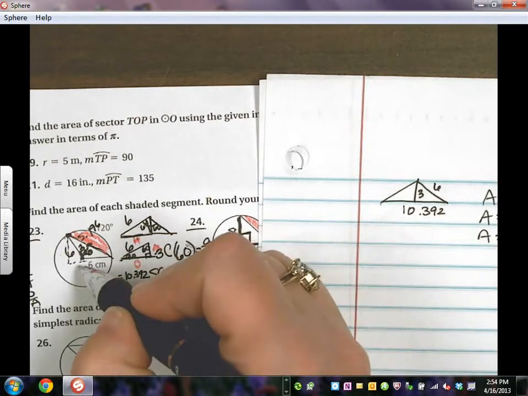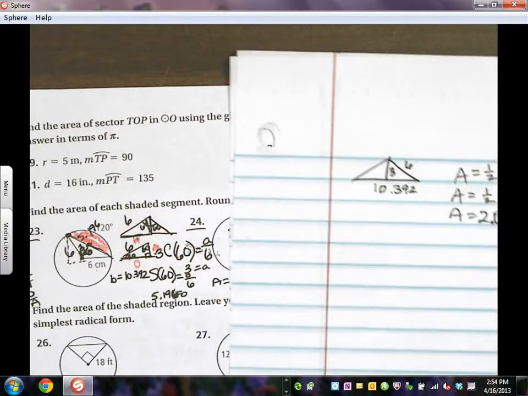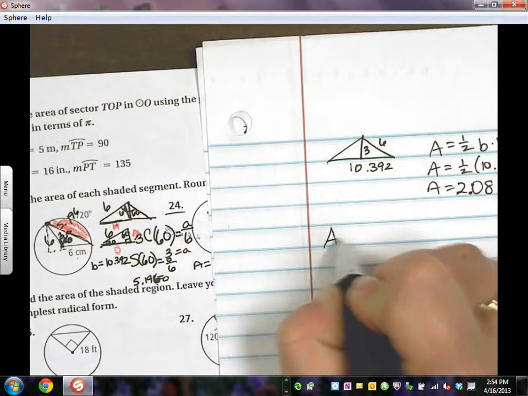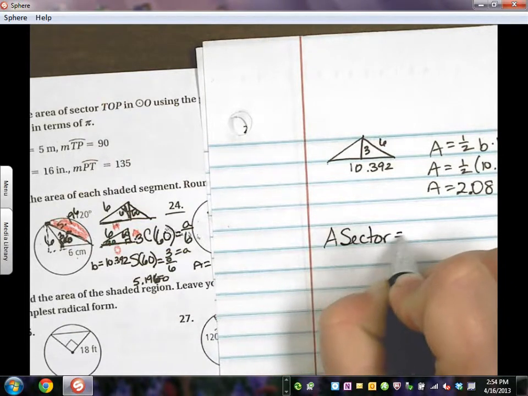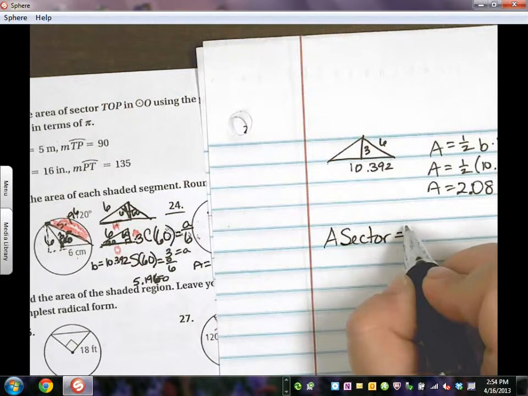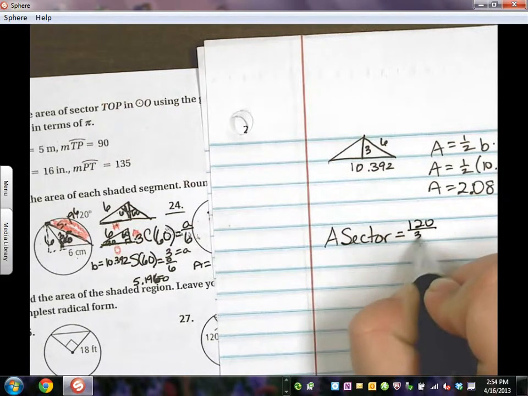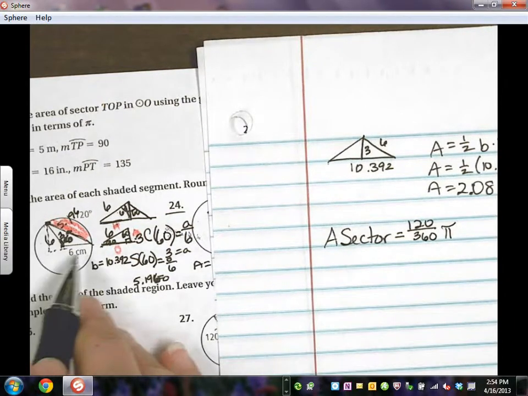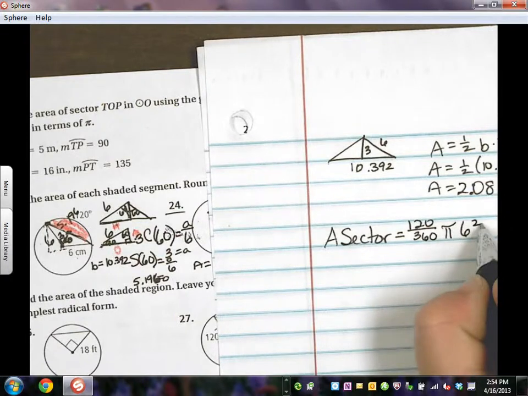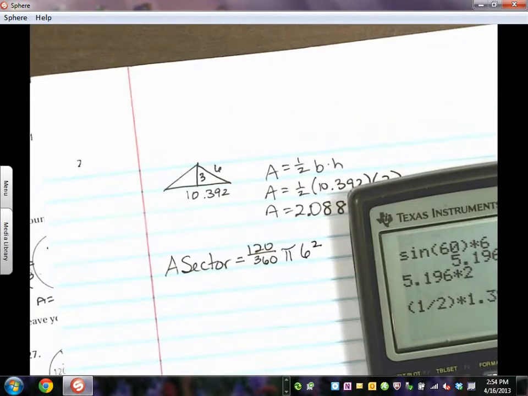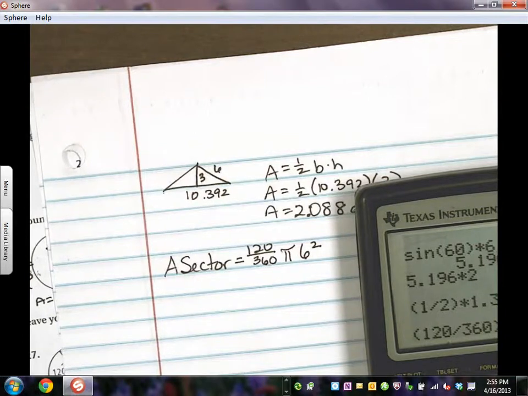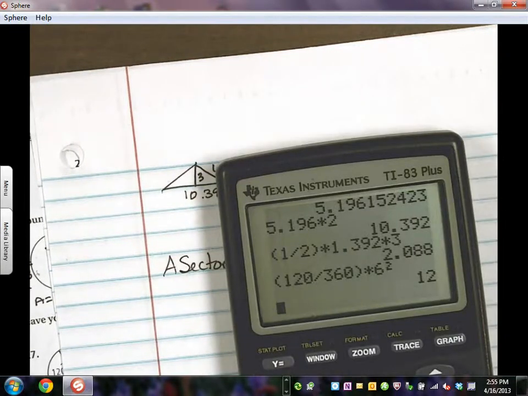Now I have to find the area of the whole sector. So to find the area of the sector, I take the arc, which is 120, divide it by 360, and then it's pi, and what's my radius? 6 squared. So 120 divided by 360 times 6 squared gives me 12.